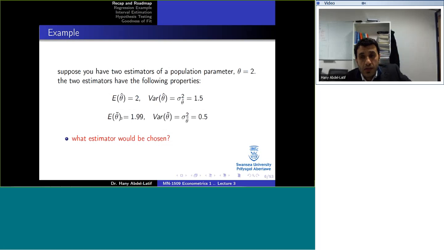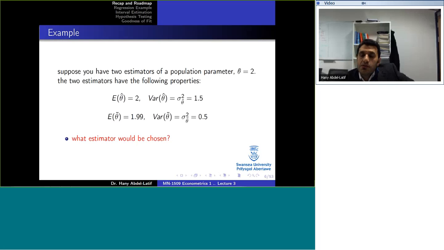For the other estimator, the expected value is 1.99, but the variance is 0.5. So what we have here, the unbiased estimator obviously would be theta hat, the first one, because the expected value of theta hat equals 2, which equals the population parameter. So that means the first one will definitely be unbiased.